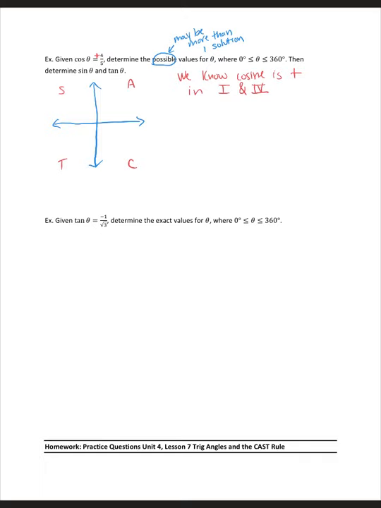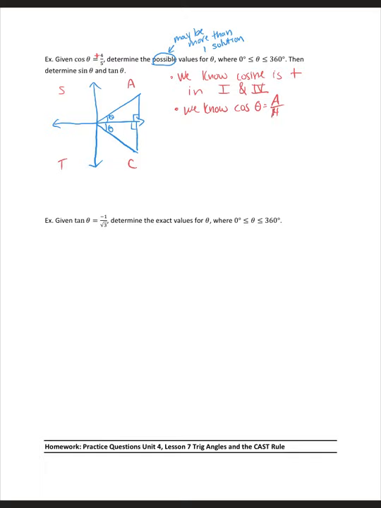So I'm going to draw in quadrant 1, this can be my theta, and I'm going to draw it in quadrant 4. That's going to be my theta. Okay, and then again, I'm going to make those triangles from those terminal arms. So we know cosine is positive in 1 and 4. We also know the cos of theta is equal to adjacent over hypotenuse.